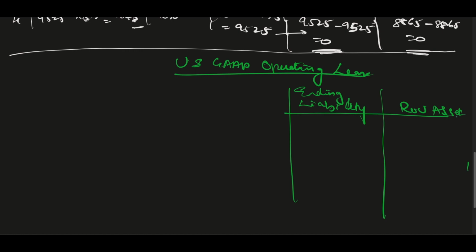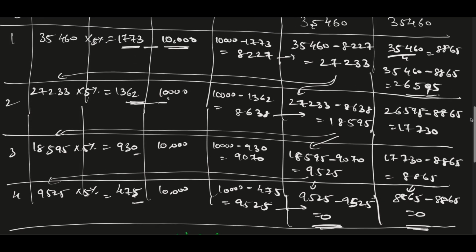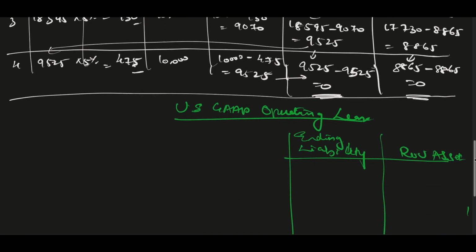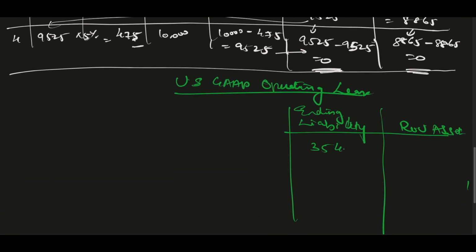Okay, so now ending liability, it was 35,460. So I'm just going to copy it, 35,460. It will be the same one. Actually, it's the same one, because the change will be only in the asset. Okay, the change will be only in the asset.